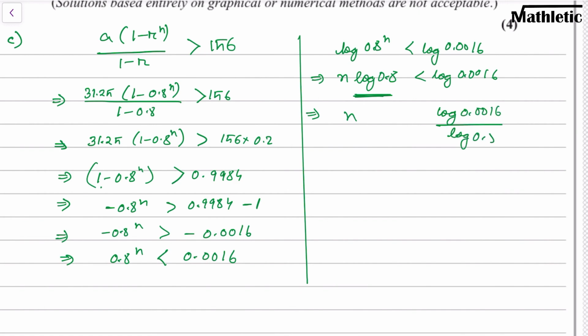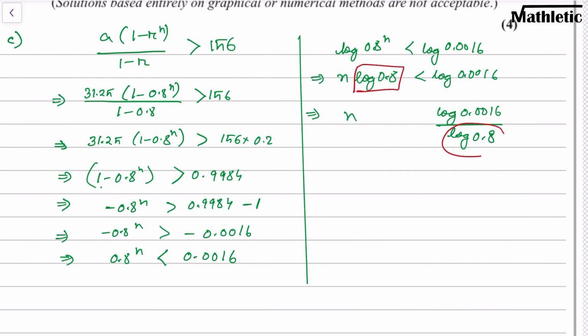But then again, even if it might look like a positive value, you need to check whether it's actually a positive value or not. For example, when you use the calculator to get the value of log 0.8, it's actually minus 0.969. It means shifting this log will change this inequality sign, because this is a negative value.